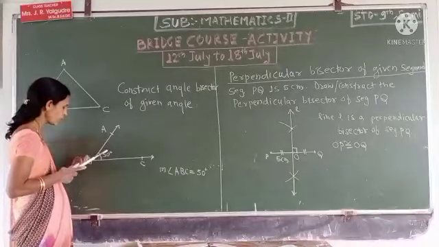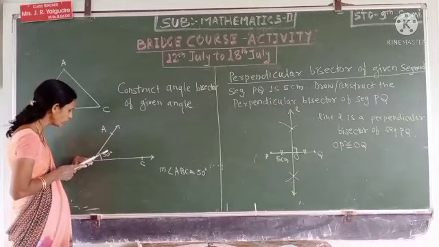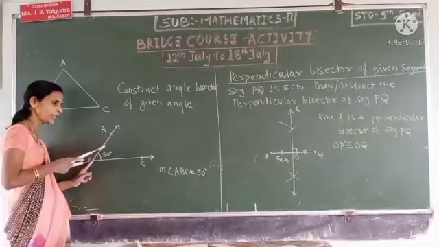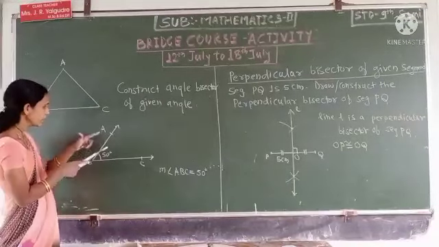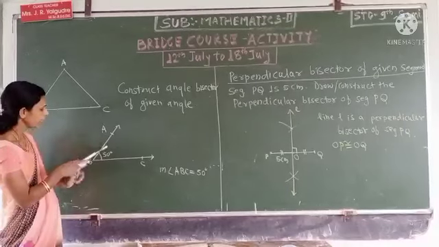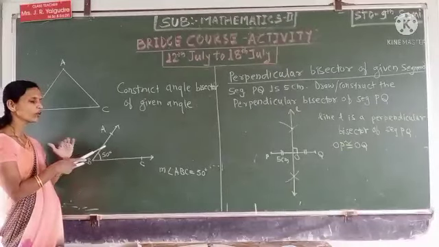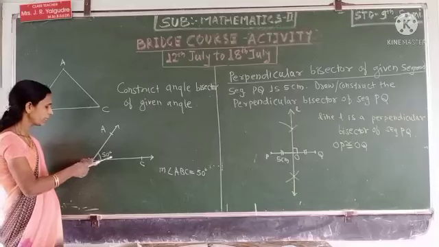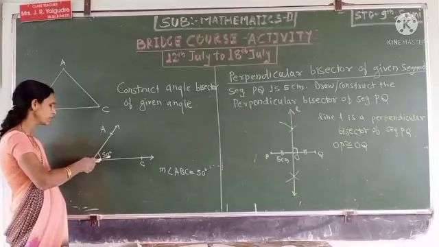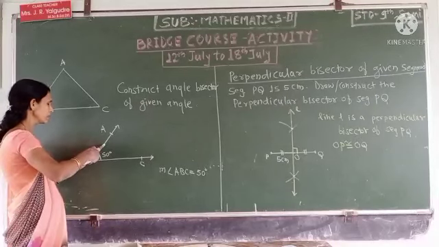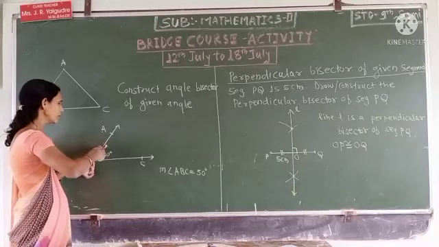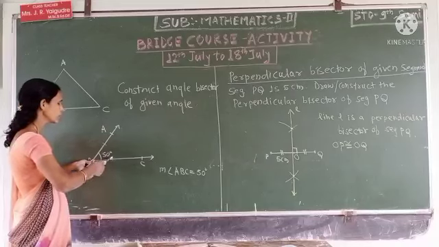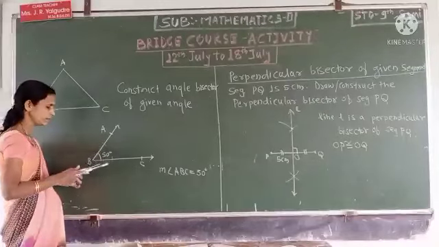First of all, we have to put the needle on vertex B. See here, vertex B, and rays BA and BC are the arms of that angle. Taking some distance in the needle compass, put the needle on vertex B and mark on both arms of that angle.